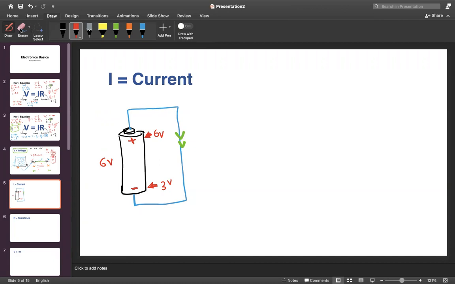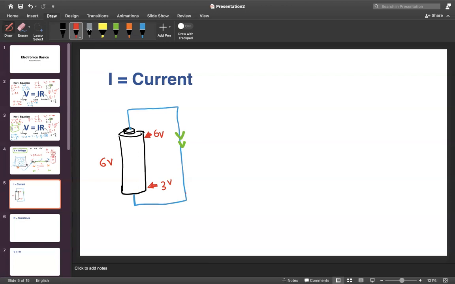Okay, so now you are learning electronics. Just forget about these terms, positive or negative signs. I'll tell you later why these terms are there. Now if this side is 6 volts and this side is 3 volts, will the current flow in the same direction? Yes, brilliant.